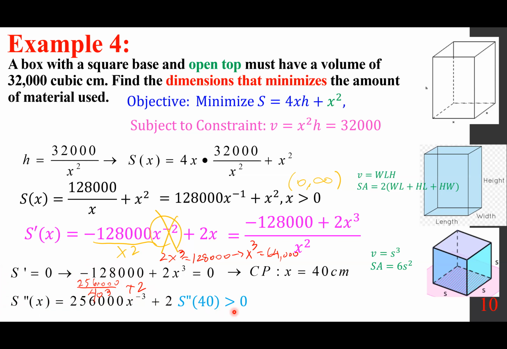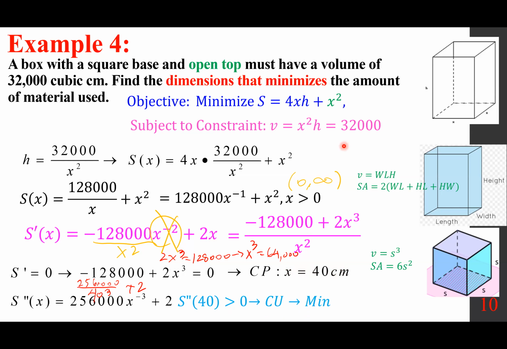It's just 40 cubed and you get 64,000. Okay, just so you know, and the answer is 4 and 2 becomes 6. But you don't even have to evaluate it to know it's positive. Because it's positive, then it's concave up and it gives you the minimum. So the minimum occurs when x is 40.